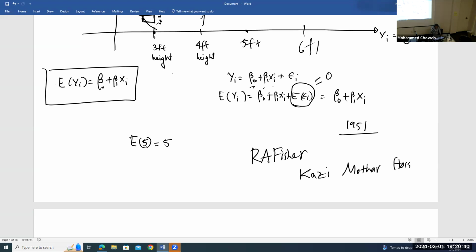He was the founder of the statistics department in Bangladesh, 1950 and 51. So R.A. Fisher was traveling from England to Dhaka University around 50 and 51. And then Kazi Mutahar Hussain asked, I don't know how this parameter comes into these estimations, in front of a lot of people.